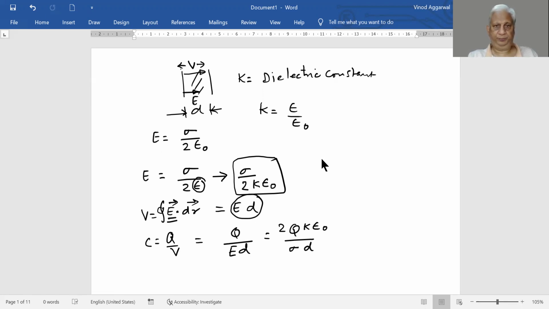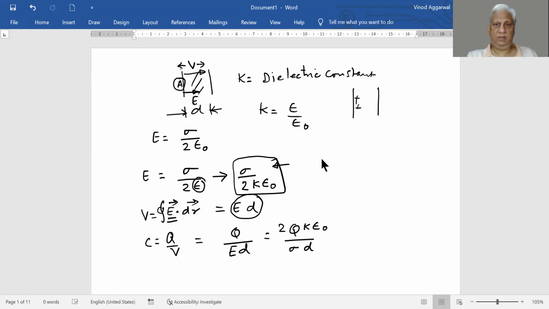Now, we have seen this E is on account of, if I say plate A, let us make a fresh diagram.